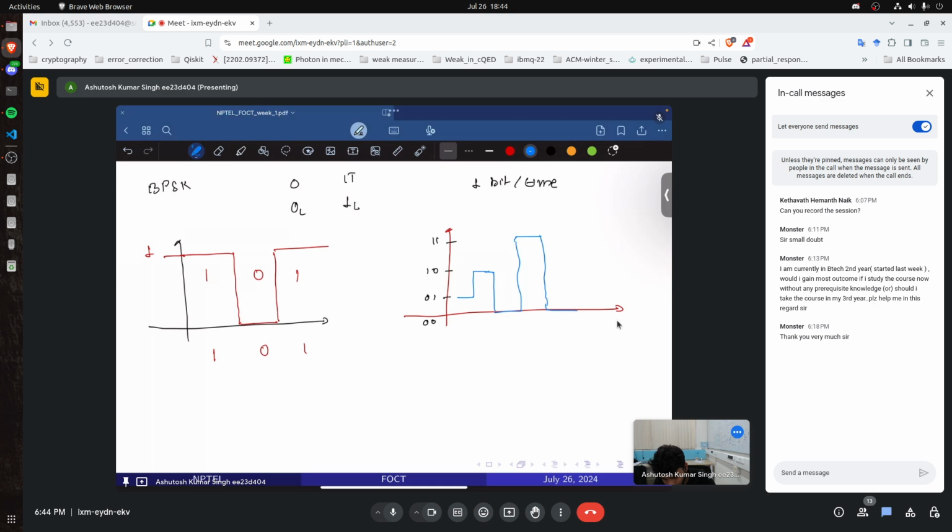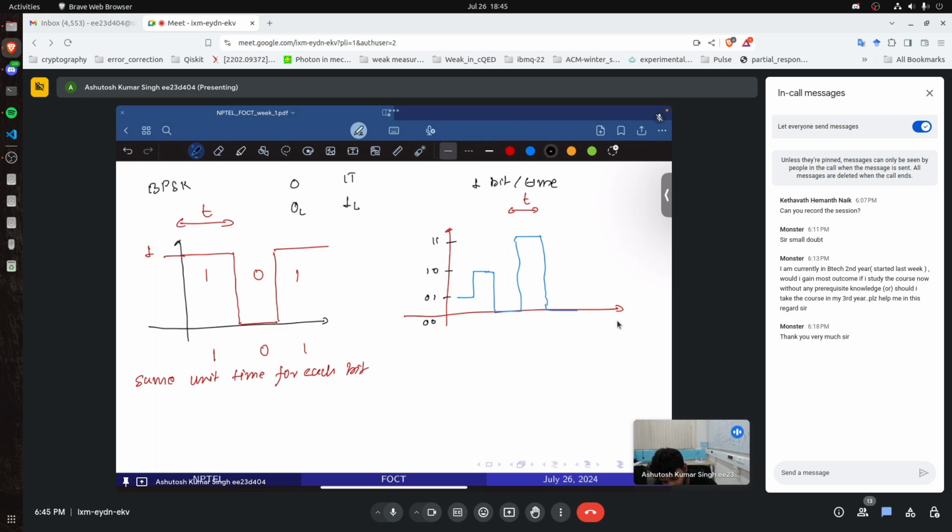In this case, I should have drawn it better, but let us assume that this time t and this time t are the same. Same unit time for each bit, just for the sake of getting my argument through.